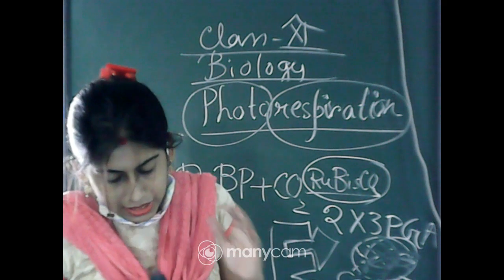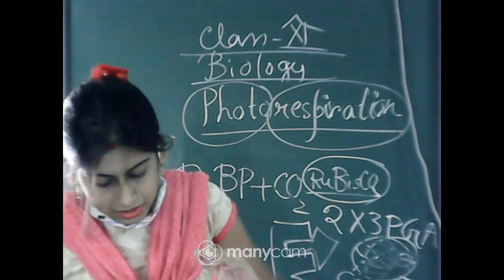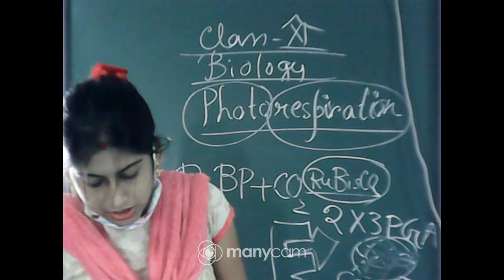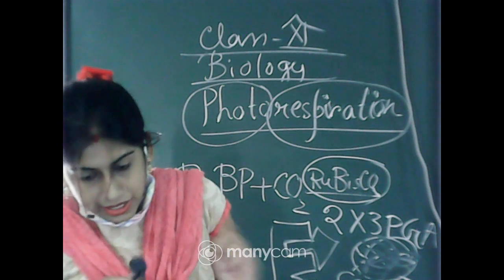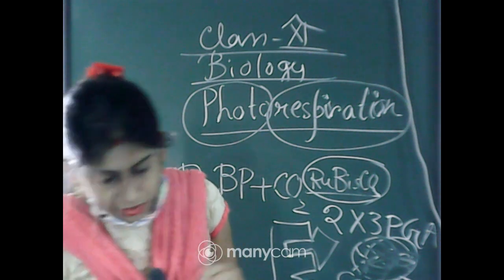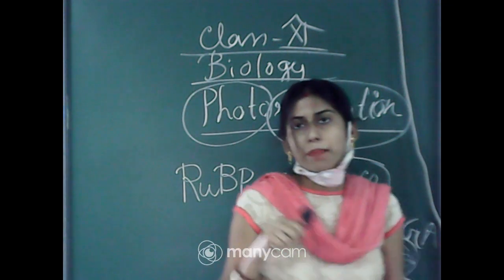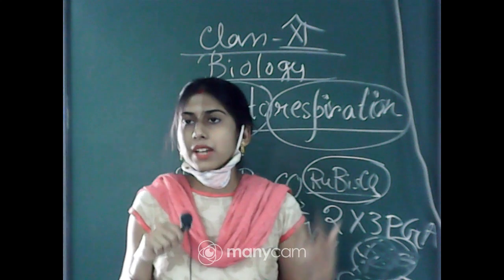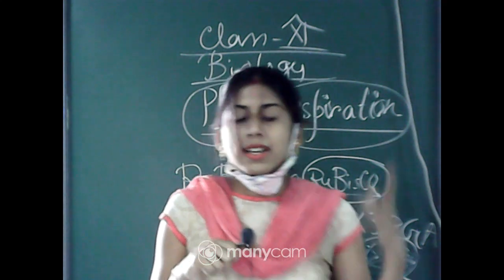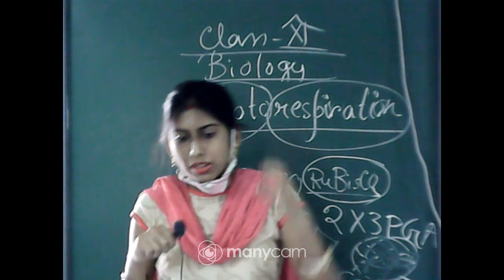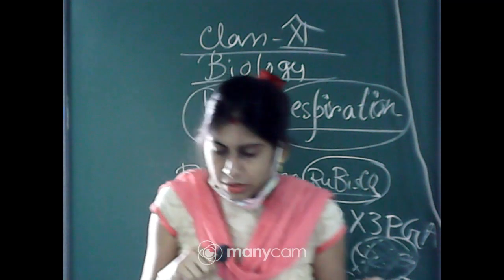In C3 plants, some oxygen binds to Rubisco, hence carbon dioxide fixation is decreased. In C3 plants, as the enzyme has an active site for carbon dioxide and oxygen, some oxygen binds with the active site of the Rubisco enzyme.